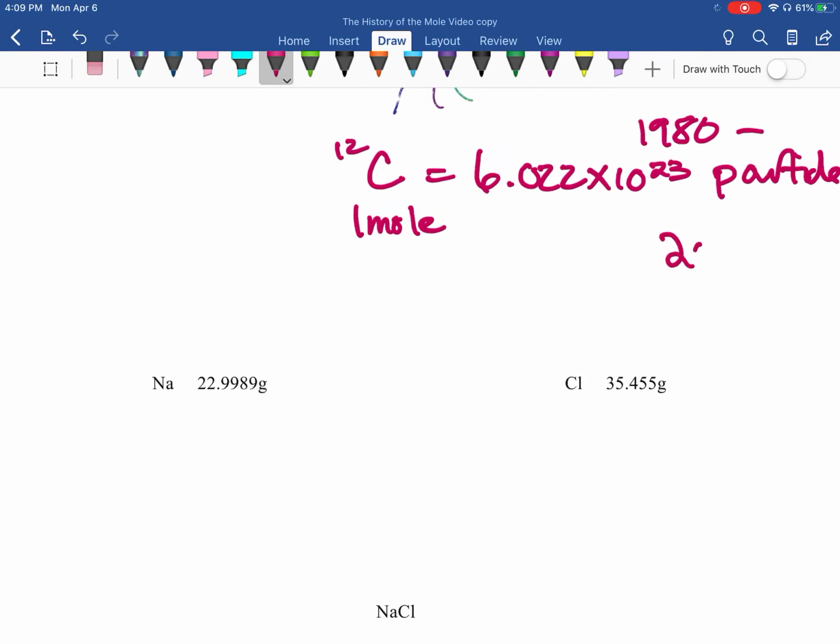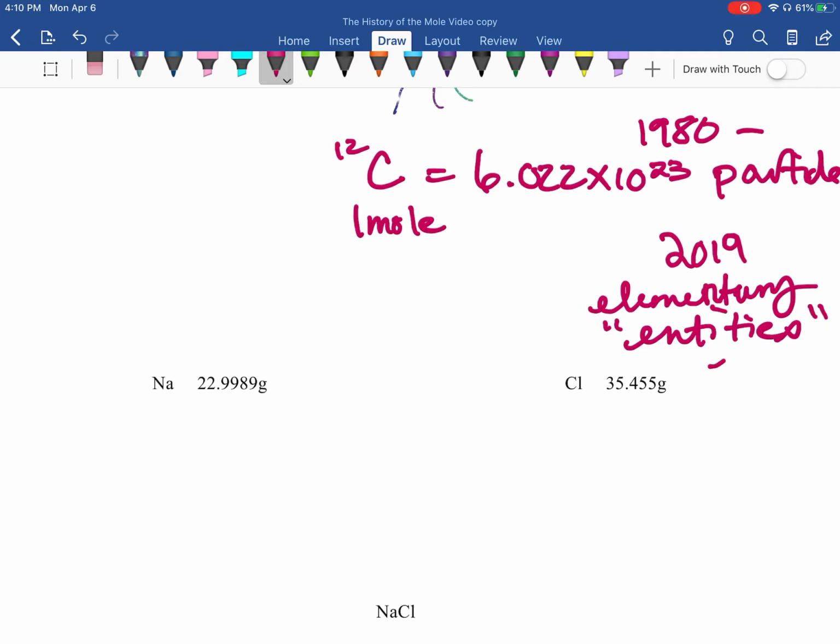The 2019 version calls that an elementary entity, which I am going to coin the phrase and just abbreviate EE. How's that? Even though to an organic chemist, EE is an enantiomeric excess, let's just go with it for the sake of our videos.